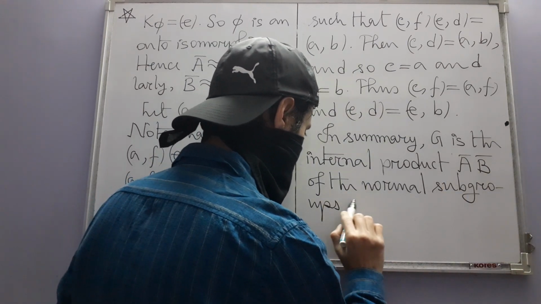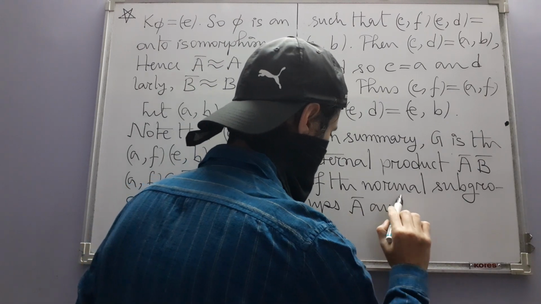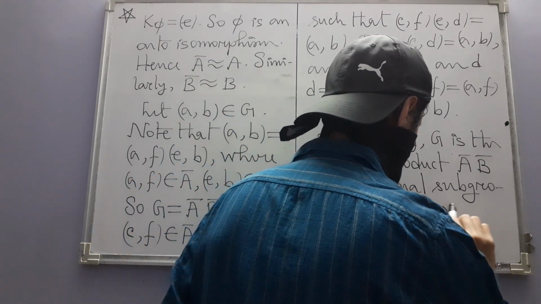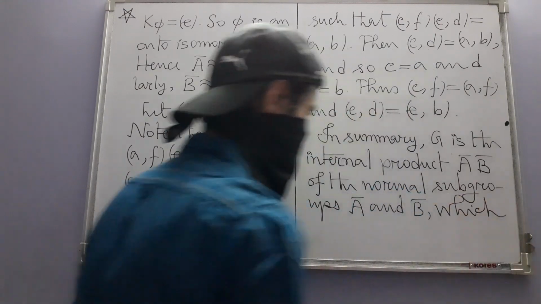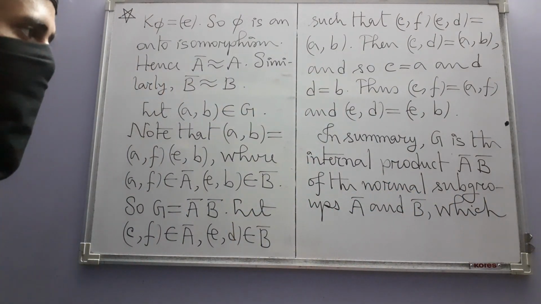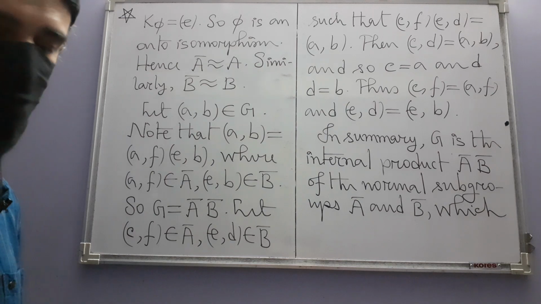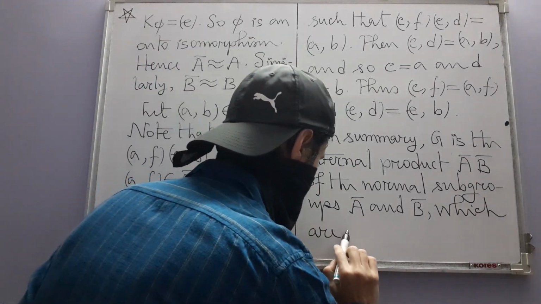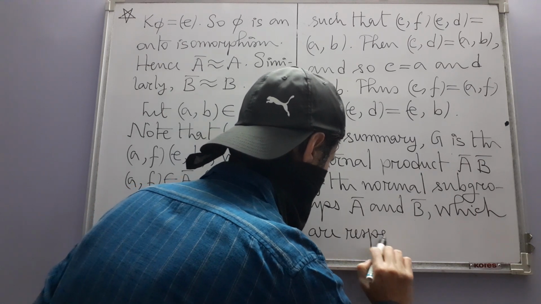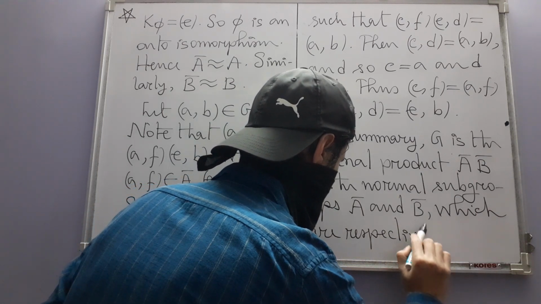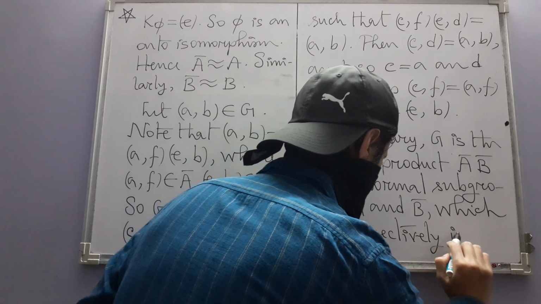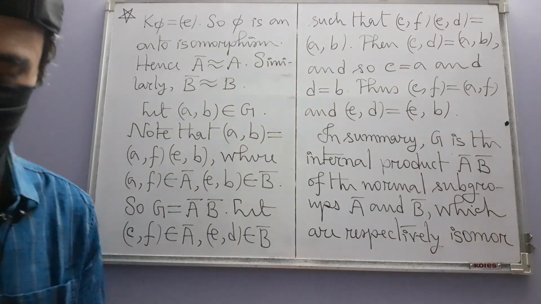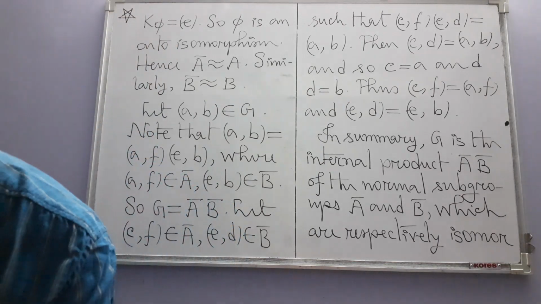Of the normal subgroups A bar and B bar, which are, that too, these are not just any two normal subgroups, but they are related to A and B. In fact, they are isomorphic, which are respectively isomorphic to A and B.